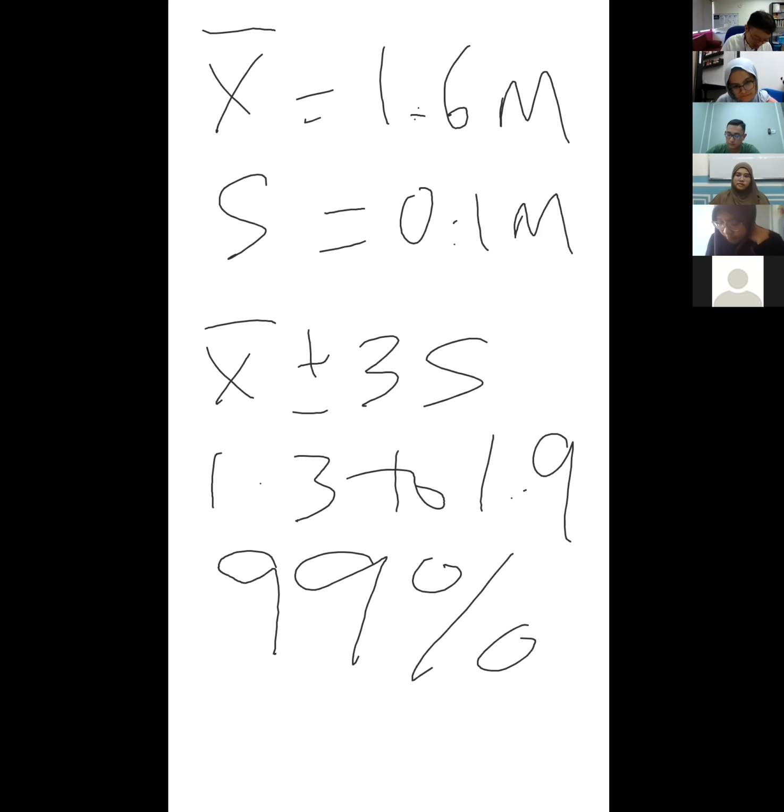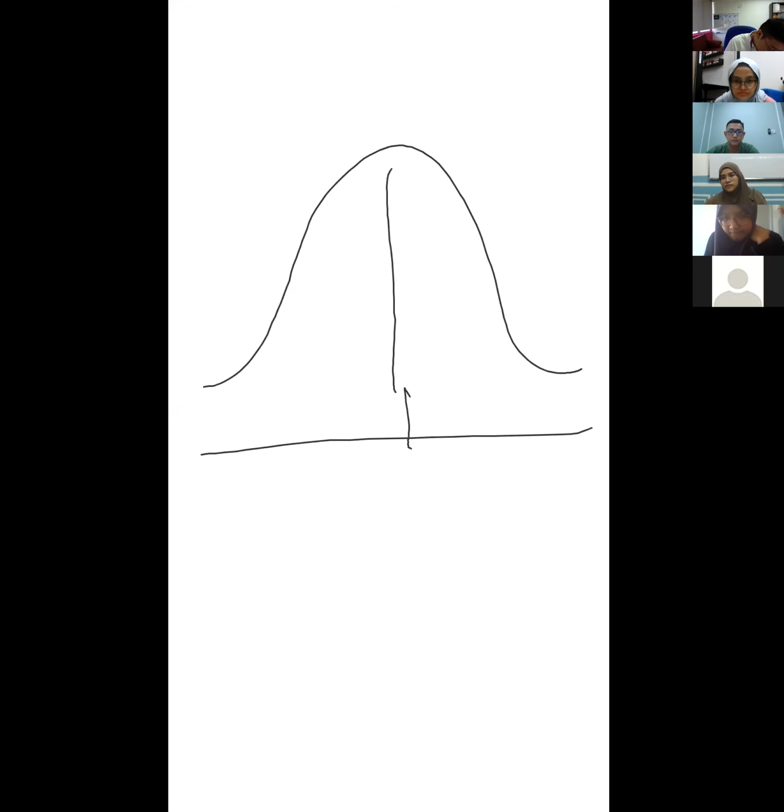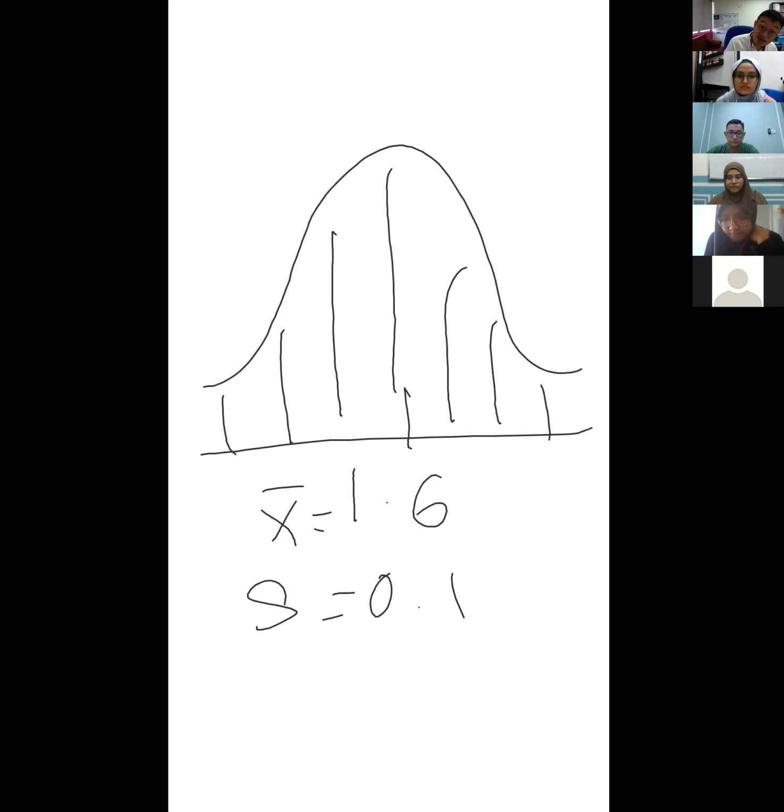So if it's 3 standard deviations, it means it is like this. The middle part here is 1.6. So 3 standard deviations means there are 3 times, right? So each time, the standard deviation is how much? 0.1, right? So it will be X bar plus and minus 3 times the standard deviation.